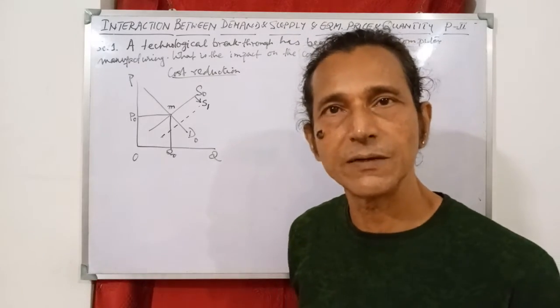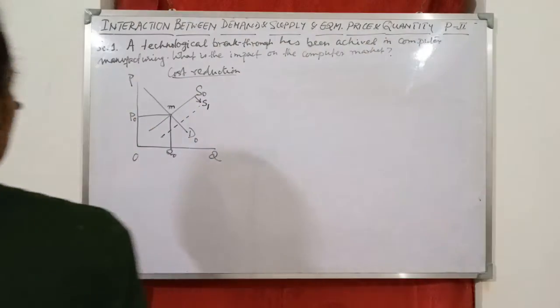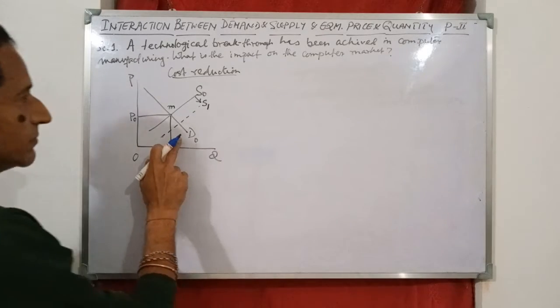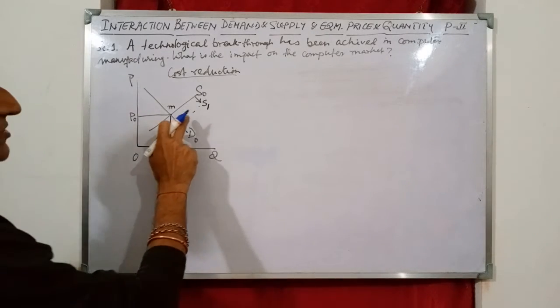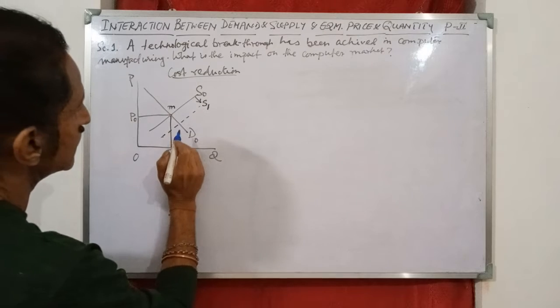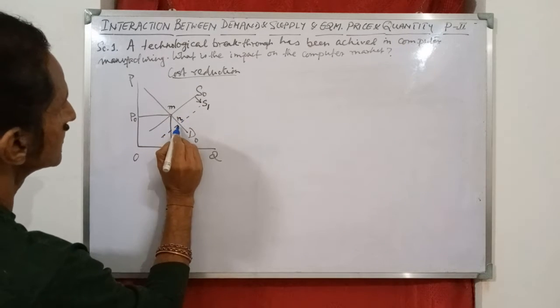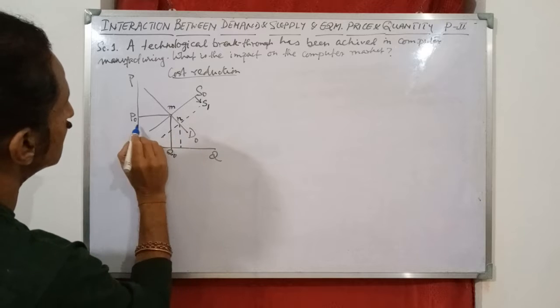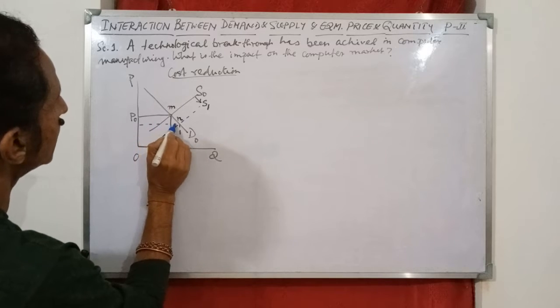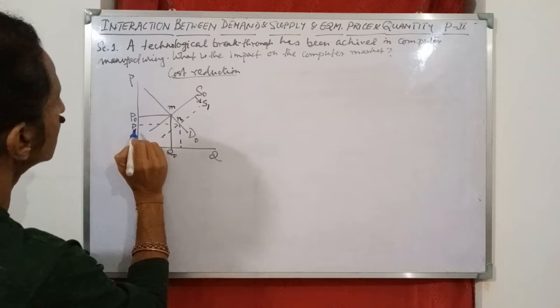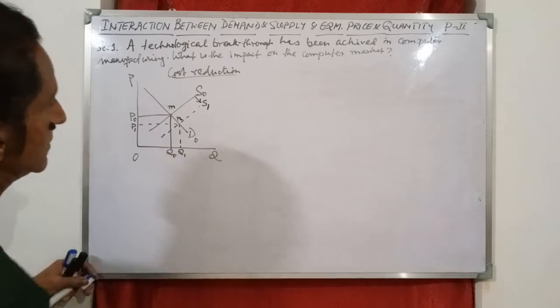There won't be any change in the demand curve. So the original demand curve D sub 0 and the new supply curve S sub 1 intersect at point N. So new equilibrium price and quantity are P sub 1 and Q sub 1.